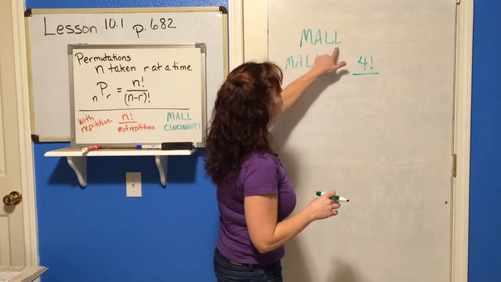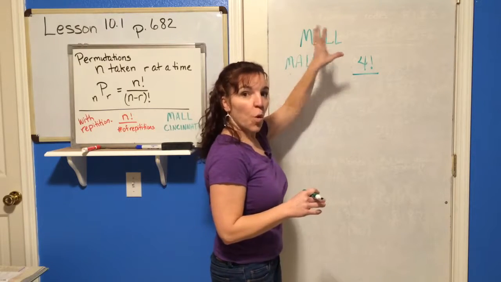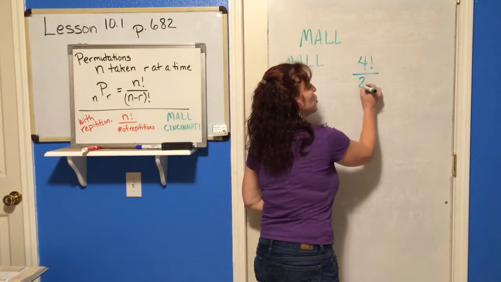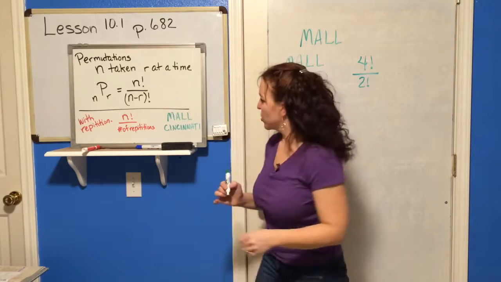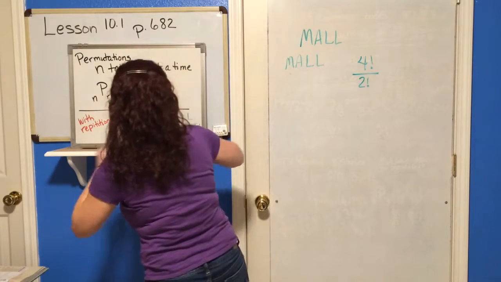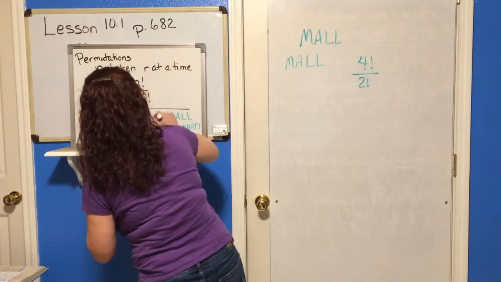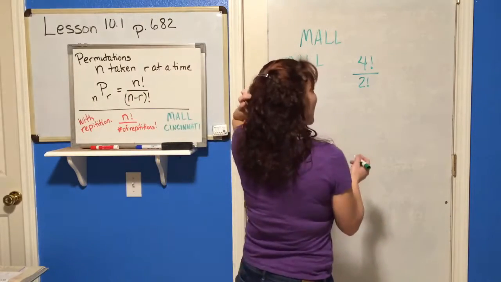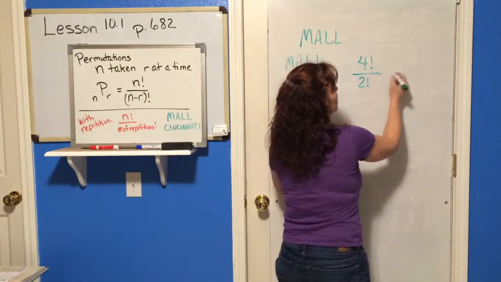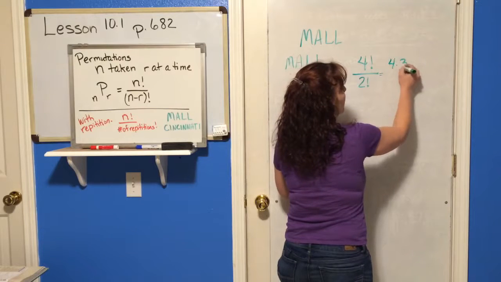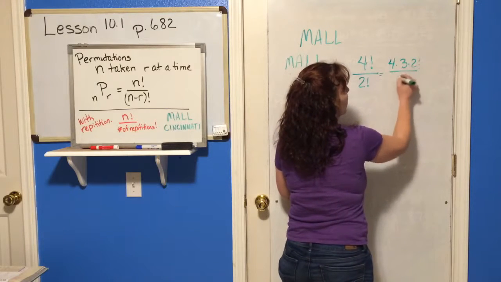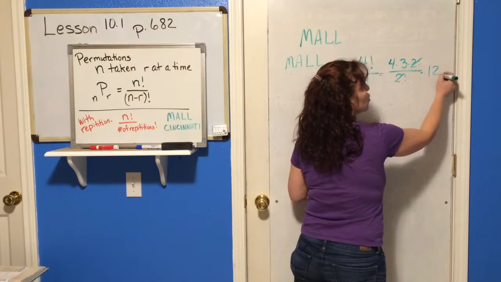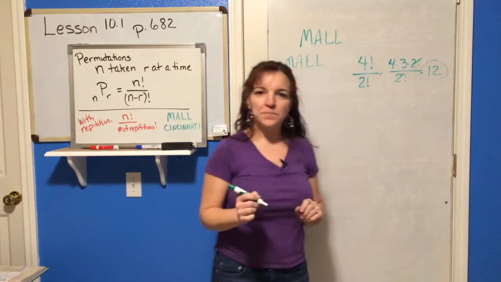Here we've got one letter repeated twice, so we have 2 factorial. So you've got 4 times 3 times 2 factorial over 2 factorial, and those reduce, leaving you just 12, and you're done.